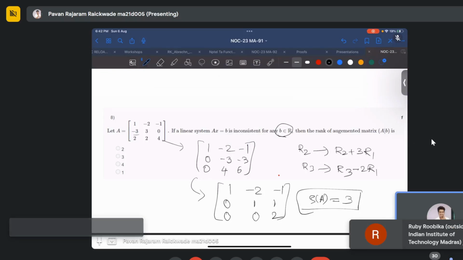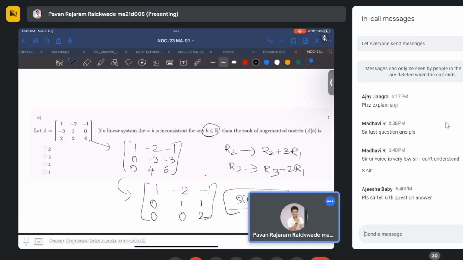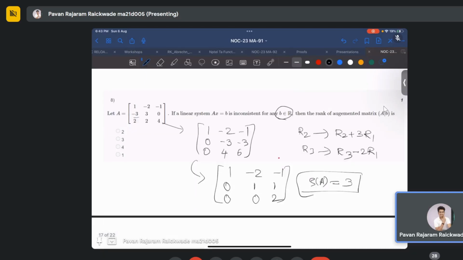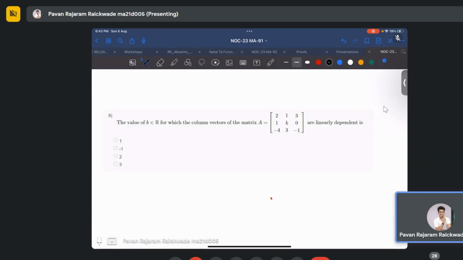If anyone has seen any mistake while calculating the rank of the matrix A, please let me know. Okay, maybe there is some problem in the question. There cannot exist such a B so that the system is inconsistent. Let's move to the next question.